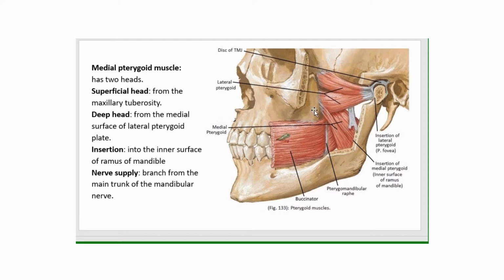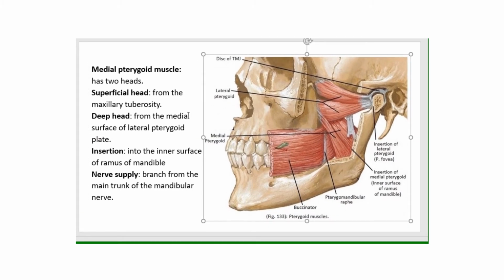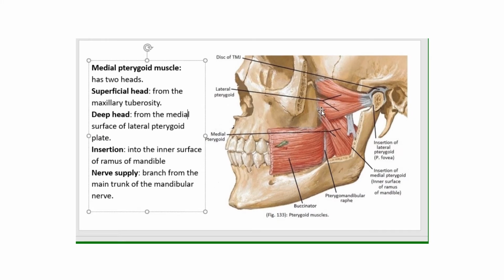Here are the pterygoid muscles, lateral pterygoid and medial pterygoid. Each of them has two heads. The lateral pterygoid has an upper head and a lower head, while the medial pterygoid has a superficial head and a deep head.